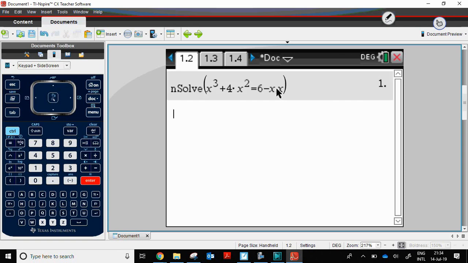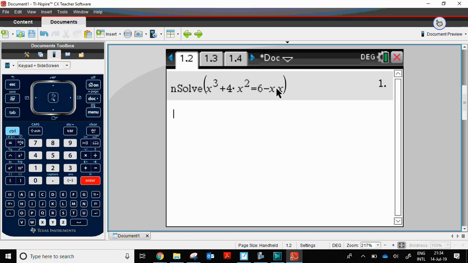You press enter, it'll give you an answer, but it only gives you one of the answers. There's going to be more. So I'm not even sure why this functionality is left in the calculator. The CAS model has something called solve rather than nsolve, which gives you all of the solutions. That's helpful. Nsolve is only a good thing to use if you know there's only one. So pretty much never use nsolve, okay?